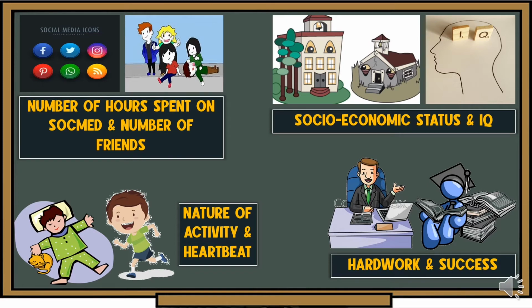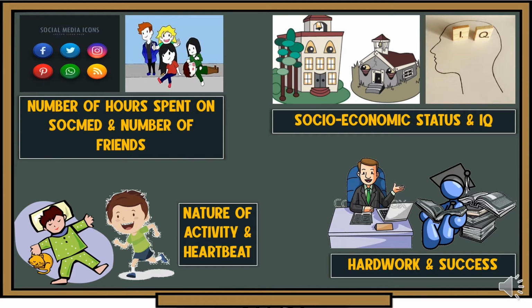Which of the following quantities do you think are related? Arguably, except for time spent on social media and number of friends, and socioeconomic status and IQ, the other pairs of quantities or variables are related.